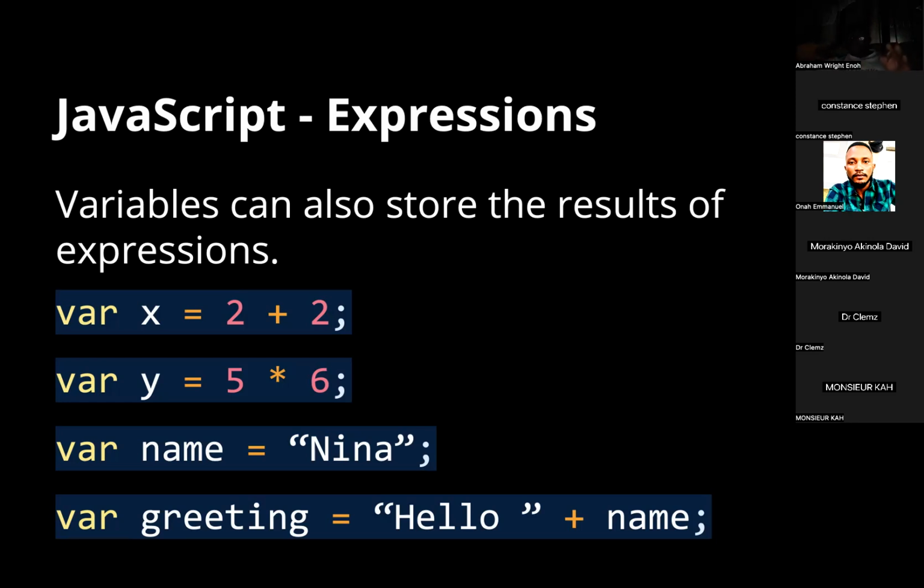The operator plus is operating there already, and so is multiplication. Unlike var name equals Nina, which has no expression. It's just a variable with an assignment of the value Nina. I got you, sir. Thank you.